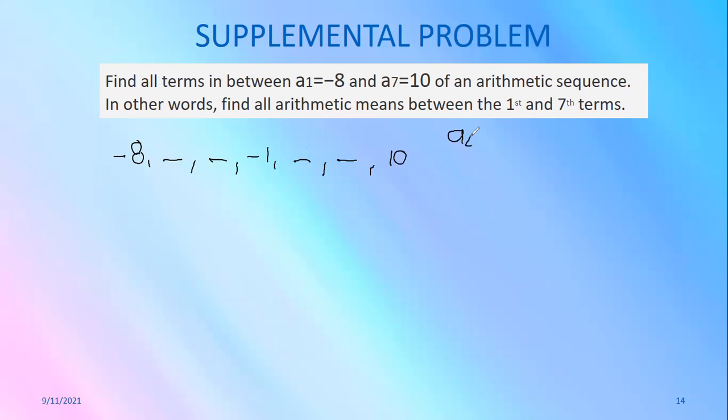So to get the fourth term, we just average the first term and the seventh term, then divide by 2. So this is negative 8 plus 10, which is equal to negative 1. Ay, positive 1 rather. Okay, this is positive 1.